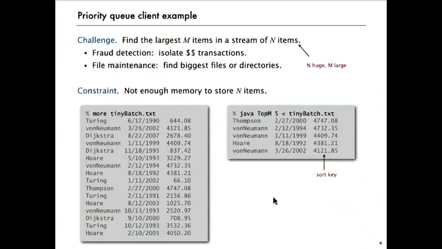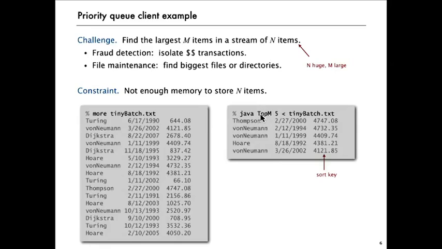And this is just some test data where we've got all these transactions. We want to be able to take in data like this, and again, an unbounded stream of data. But let's say we want to keep track of the top 5 values, using the third column as the value.